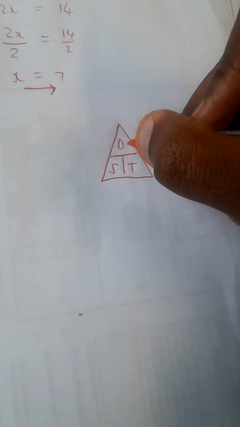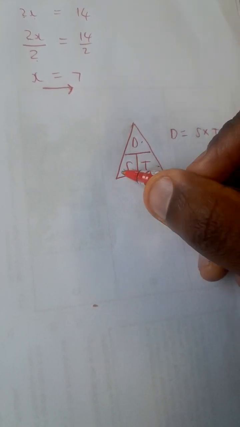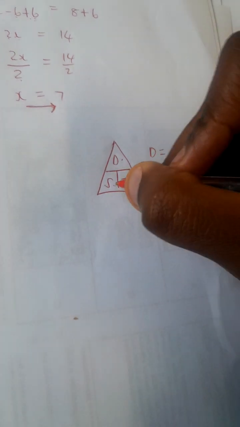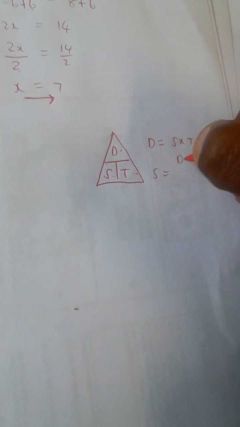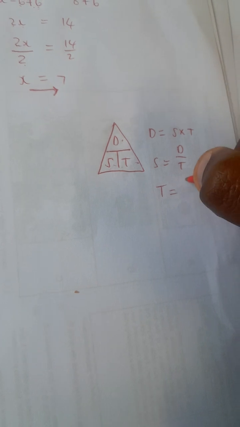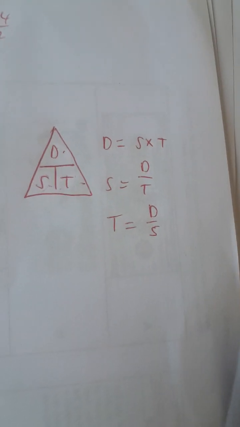And then we have formulas that come from that. Distance is equal to speed times time, all right? Since they are next to each other. Speed is equal to D over T. And then time is equal to D over S, all right? So these are the formulas I'm supposed to know.